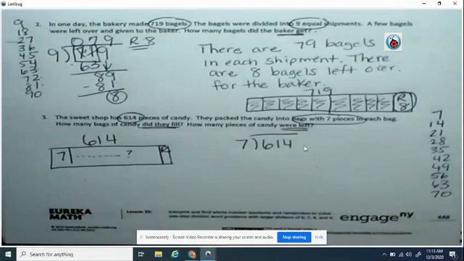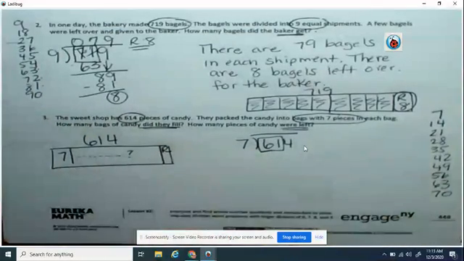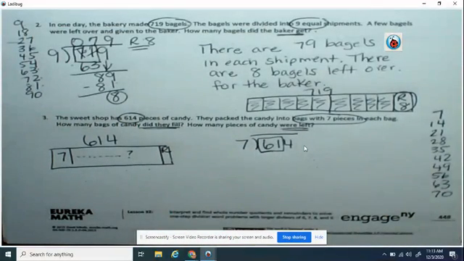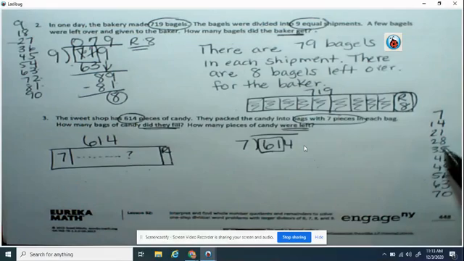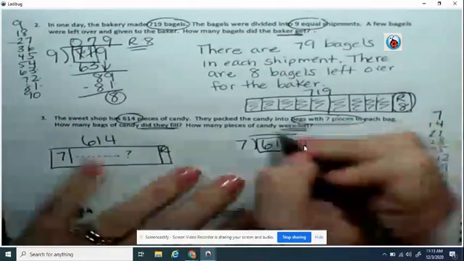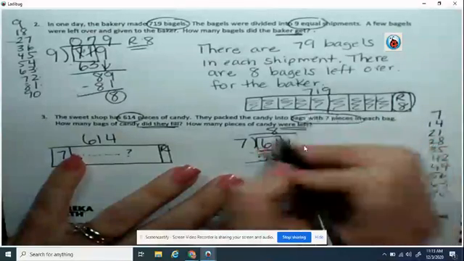Okay. So there are my 7s. I can't divide by 6. 6 is smaller than 7, so we're going to focus on 61. So the closest I can get to 61 is 56. So 1, 2, 3, 4, 5, 6, 7, 8. 7 times 8 is 56.